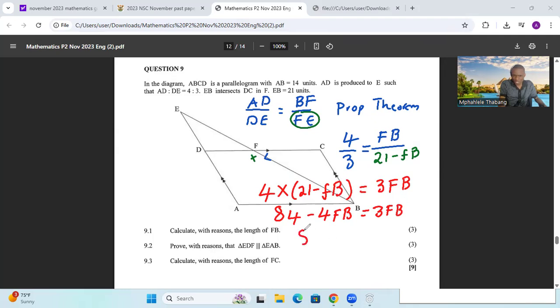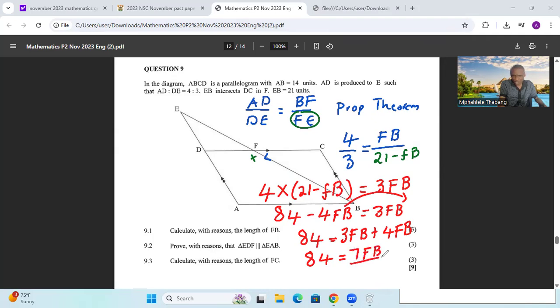Group like terms. 84 equals, we're going to take 4FB to the other side, so it's going to be 3FB plus 4FB. Therefore, 84 is equal to 7FB.